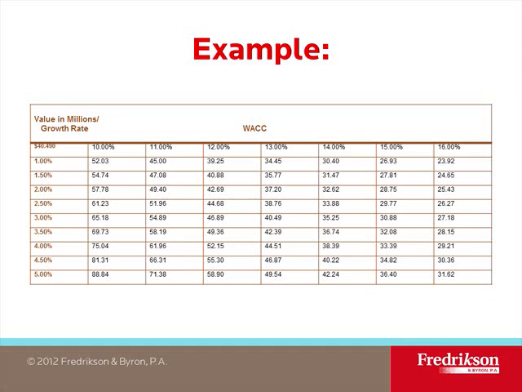So if the WACC is 10%, that is a rather low cost of capital, and the growth rate is 5%, really high growth, this clinic would be worth $88 million. If the WACC is 16% and the growth rate 1%, this clinic would be worth $20 million.